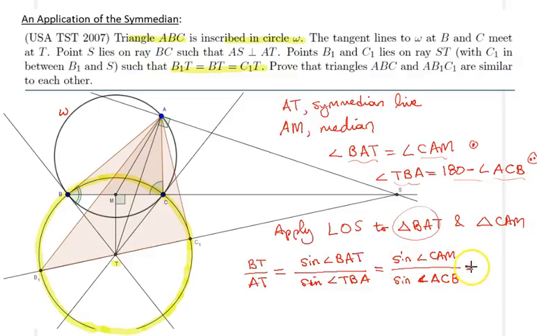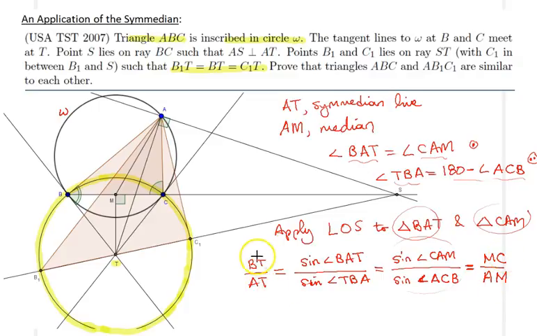And therefore this is equal to, now applying the law of sines to triangle CAM, the length relationship MC over AM. Now we need to make this curious observation. Notice that BT over AT is equal to MC over AM.